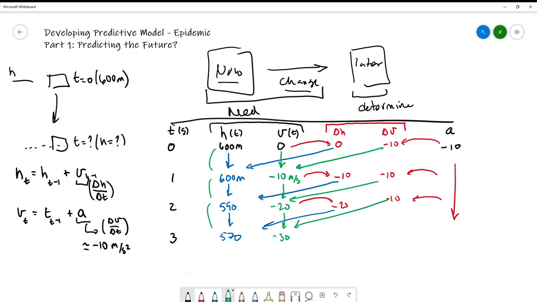If you wanted to ask questions about it, like how would you use this kind of simulation to answer any reasonable question, one question you might have is when will it hit?